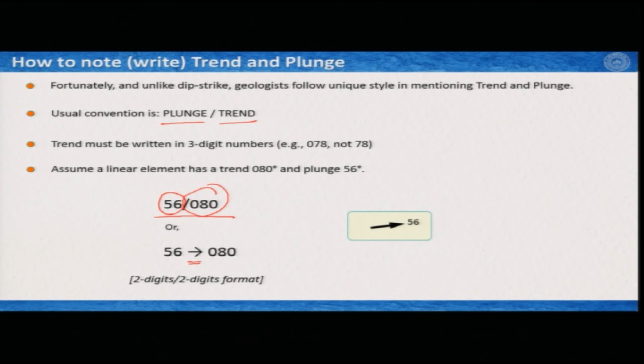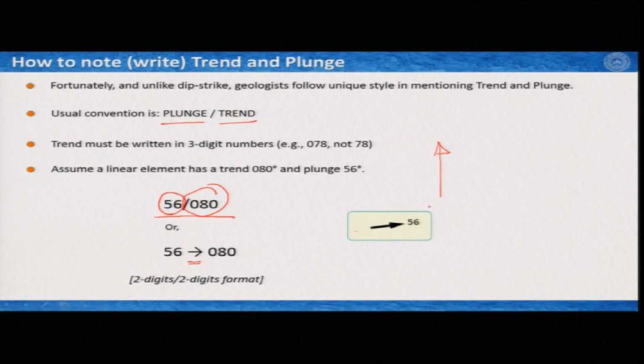Now in the map, again, it is the trend that is plotted because it is measured on the horizontal plane. Given the north of this map is in this direction, you draw a line, and this line indicates your trend.